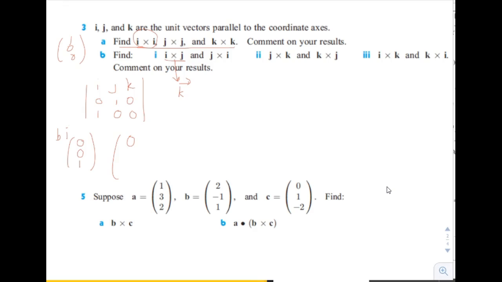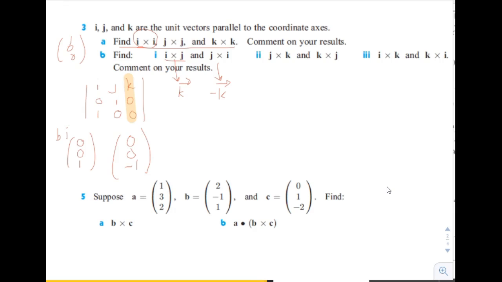Then we're going to cover up this column, and the determinant is also going to be 0. And then finally, we're going to cover up the K column, and this determinant is going to be 0 times 0 minus 1 times 1, so it's negative 1, right? So here we're getting the opposite vector from before, and this is actually the negative K unit vector as the answer.